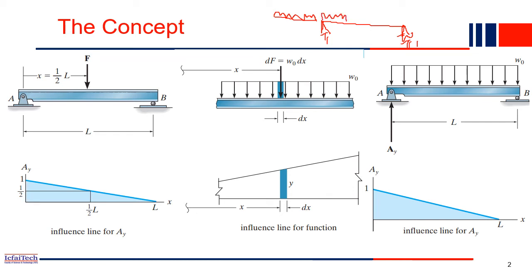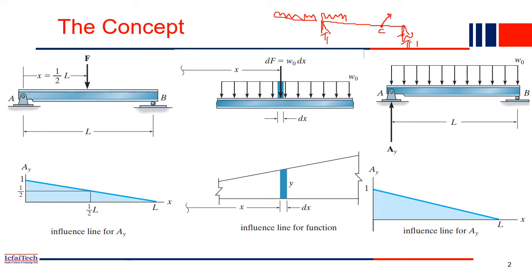This is the total width of the train, and the train is coming here. Because of this type of loading, we have to calculate the shear force and the bending moment at this point. It is changing. So we will draw the influence line diagram with respect to this point, C.